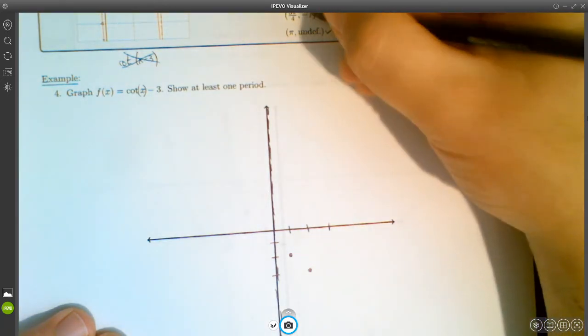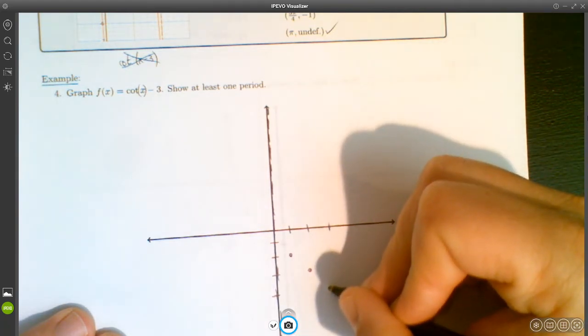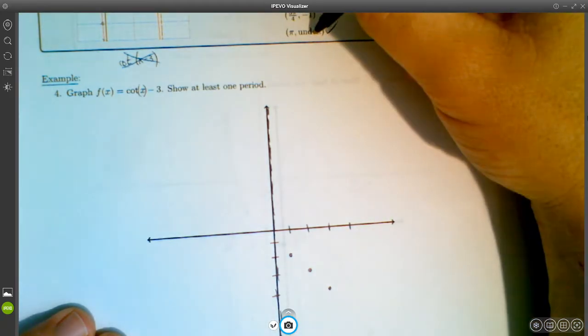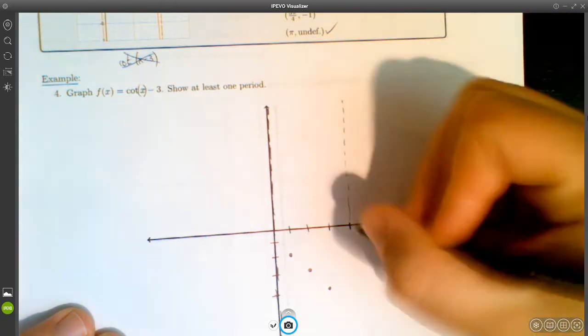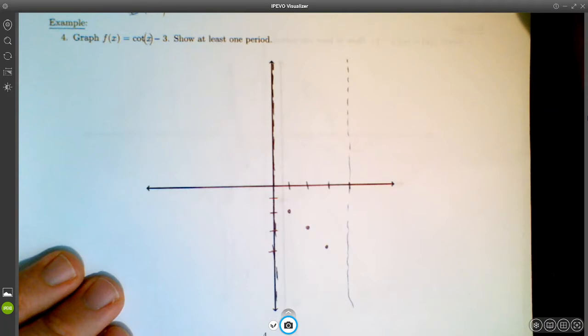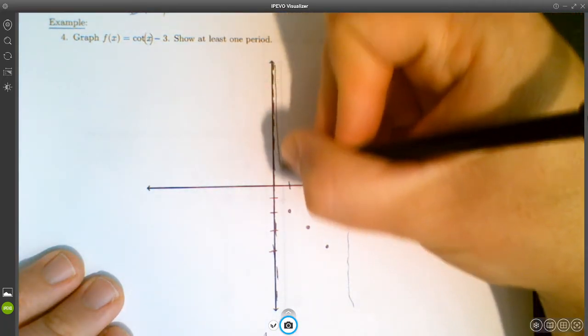We're going to shift it down 3, so we're going to end up at negative 4. And then finally, by the time we get to pi, we've got another asymptote. And shifting that asymptote down 3 units, it's still a vertical asymptote. Okay? So now you connect the dots with something that looks like a cotangent function.